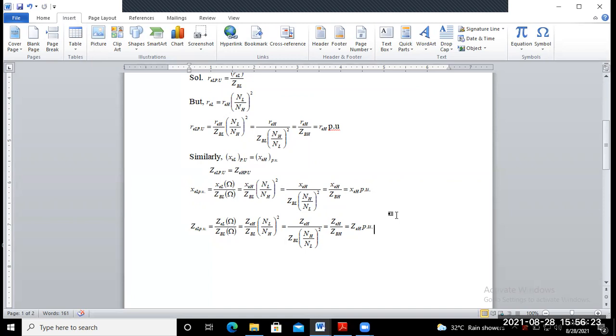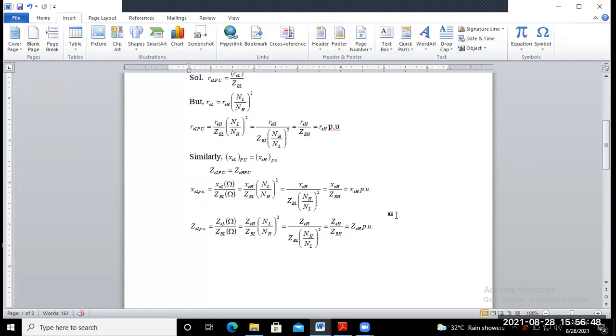Simply take the same per unit value. Either low voltage side or high voltage side, all are equal. So this is a very basic thing of the quantity converted in per unit, either resistance, reactance, or impedance.